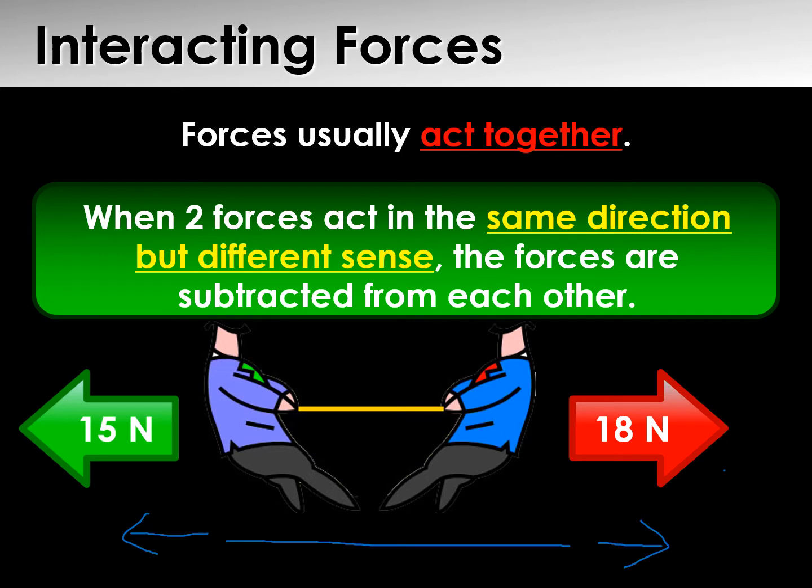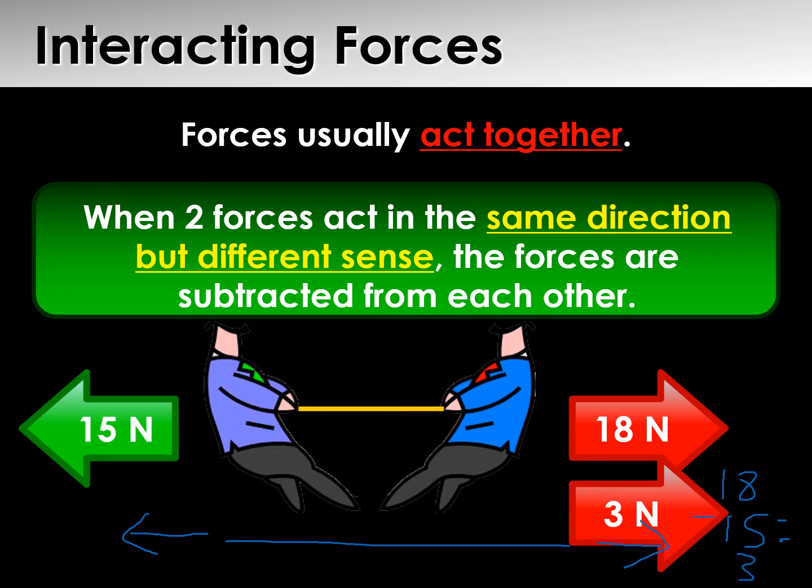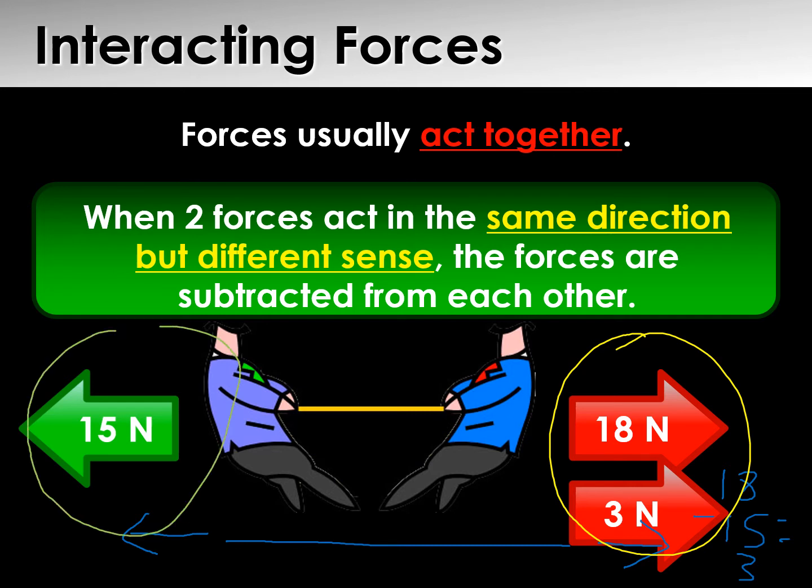You do 18 minus 15 equals 3. Usually in x, the ones in the right side are positive and the ones in the left side are considered negative.